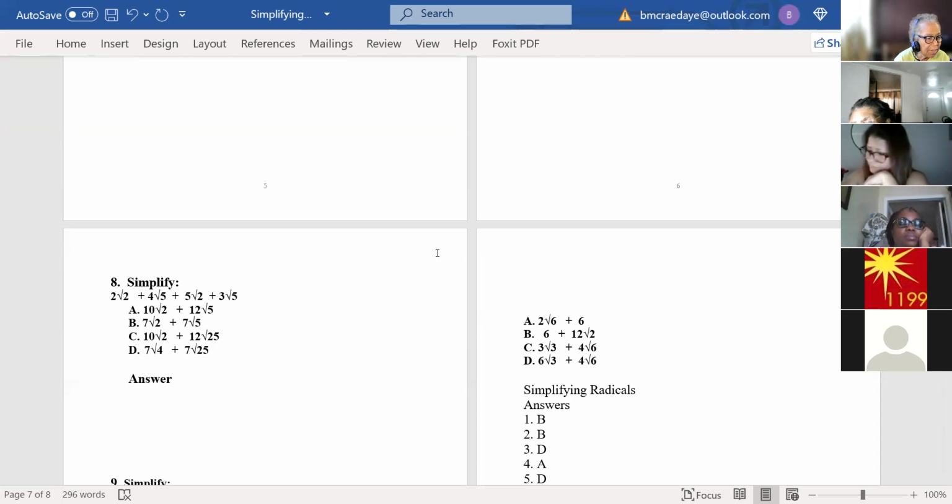How are you getting 10? Is B. I want to know how Alvin's getting 10. You added 2 and what? How did you get 10?